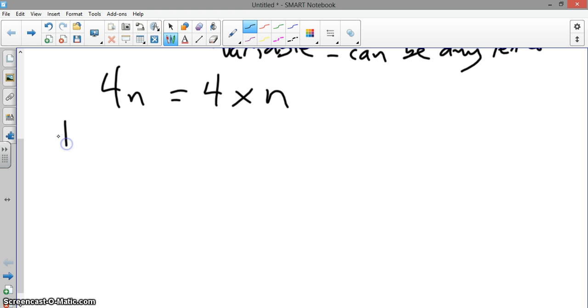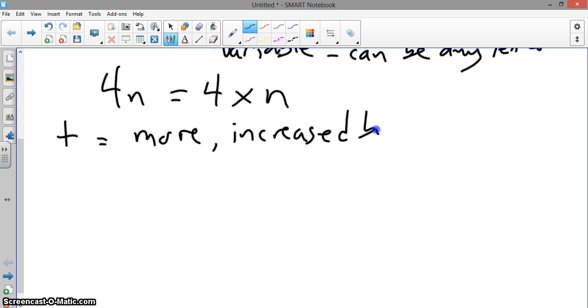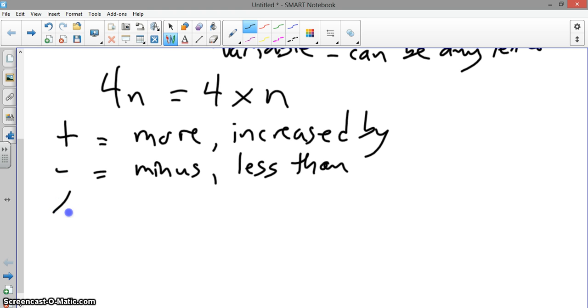If we're looking at adding, sometimes in a sentence they'll say more, increased by, stuff like that. That gives us an indication that we need to add. Now subtraction, same thing. You can say minus, less than, stuff like that.